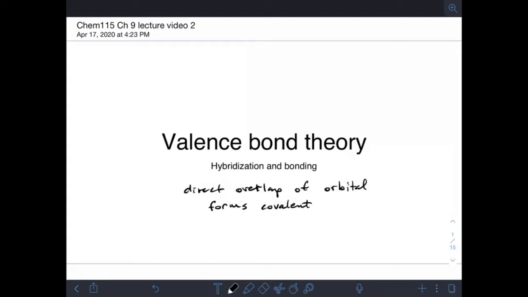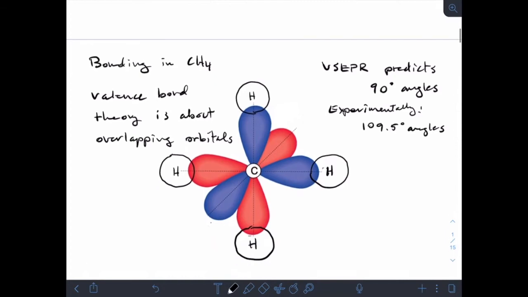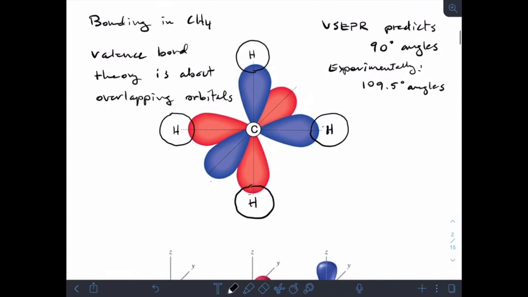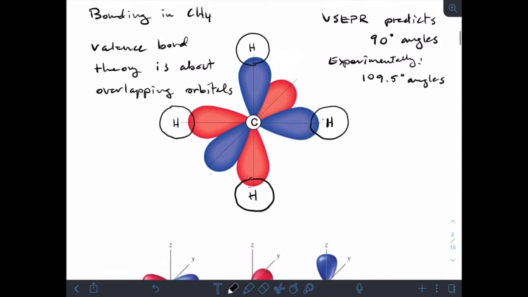And so if we take the ideas from VSEPR, and I'm going to use a lot of images in this particular section of this lecture because my drawings would be painful for you to try and decipher. So if I take this idea about overlapping orbitals and I apply it to the VSEPR model of methane, CH4.